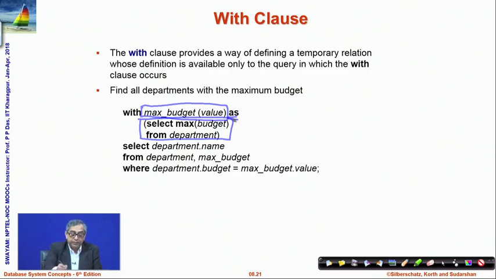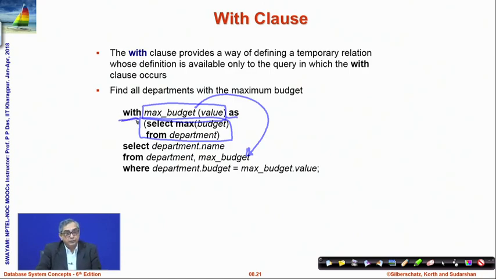So, this is renaming. You can see the renaming is being used in very interesting ways. This is my nested query that gives me a relation, and this is my definition of the relation. So, max_budget now is a temporary relation, a relation that I use subsequently in my from clause, and with allows me to do that.